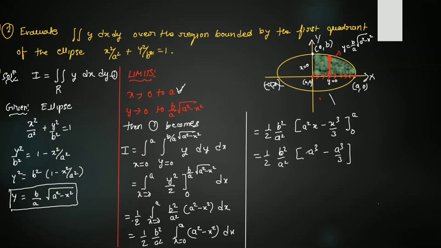So 3 is the LCM, 3 minus 1 is 2. So what is the answer, guys? A b square by 6. Is it? A square gets cancelled, a is remaining. 2 gets cancelled, 2 also cancels 3. So a b square by 3 is the answer. Yes, sir, a b square by 3 is the answer.